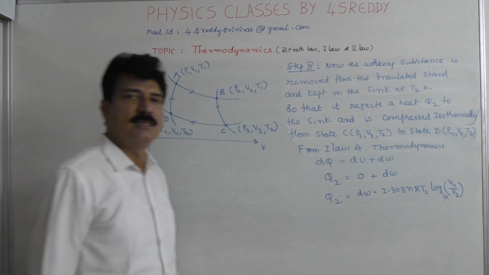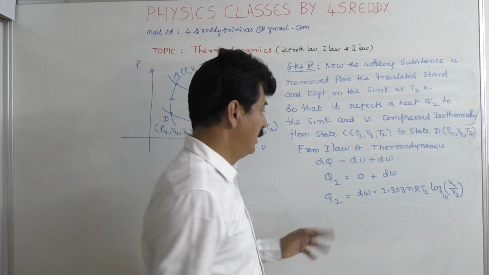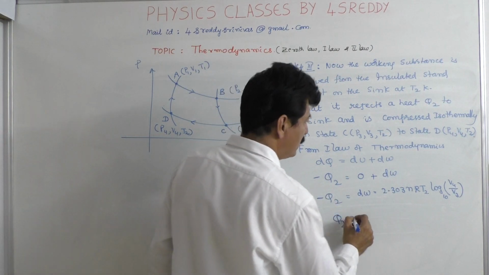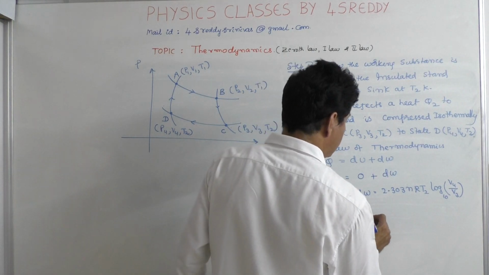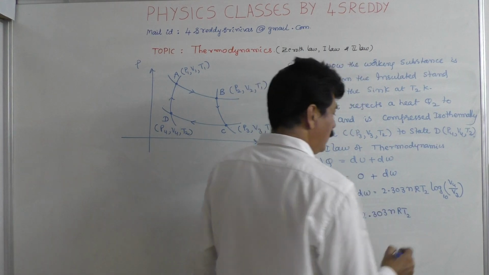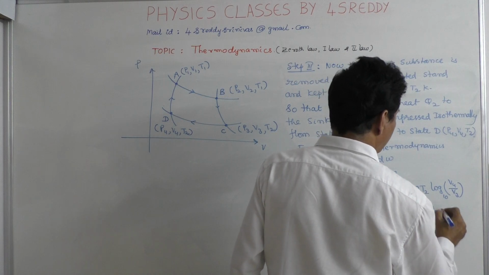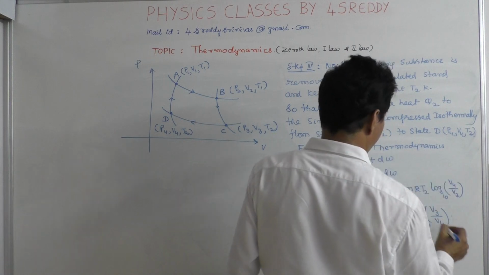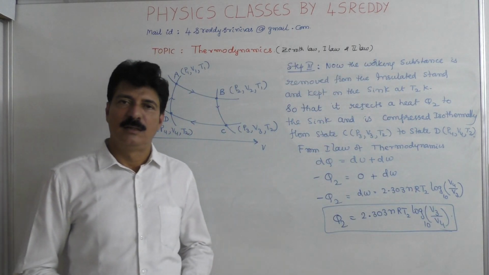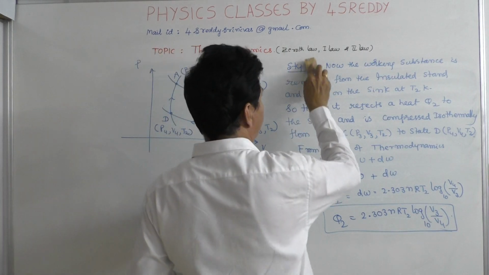Because the heat is rejected, this also becomes a minus sign, so you can write Q2 is equal to 2.303 nR T2 log of V3 by V4 to the base 10, because heat is rejected. This is step 3.